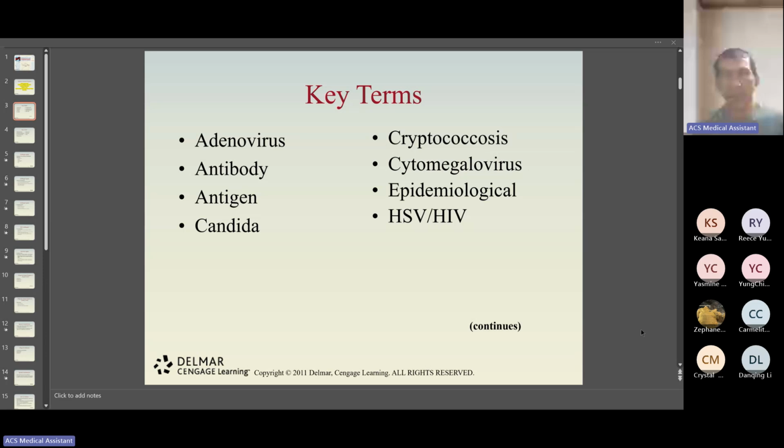Herpes simplex, zoster, and HIV, the human immunodeficiency virus. We're just going to talk about the basics of these terms.